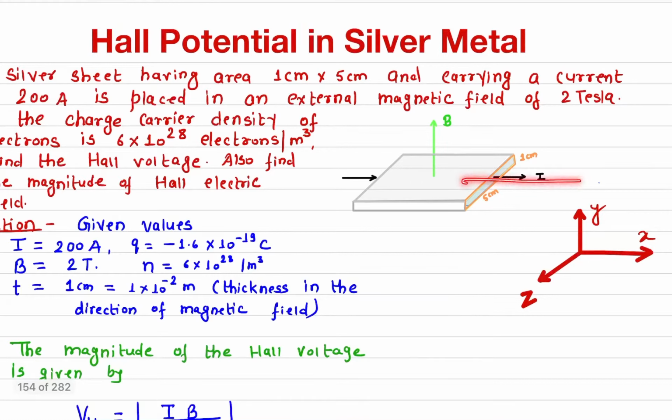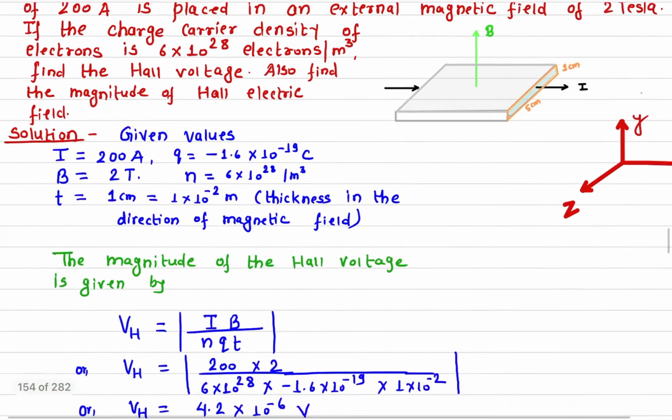The current is along x and the magnetic field is along z, so the Hall electric field will be between these two surfaces. This side and this side will have the Hall potential.